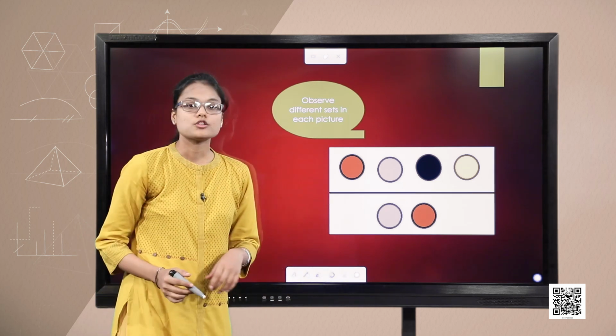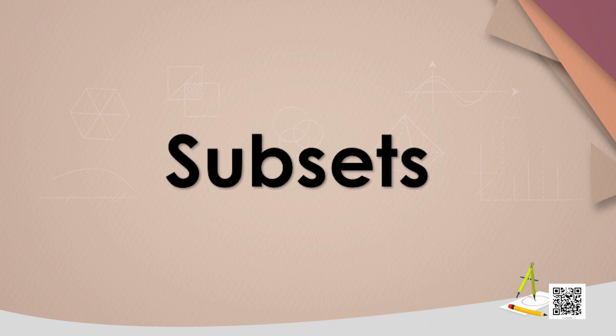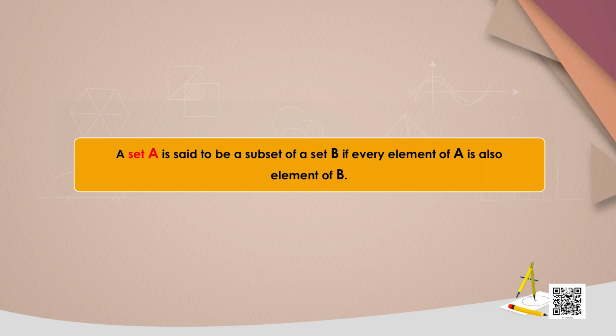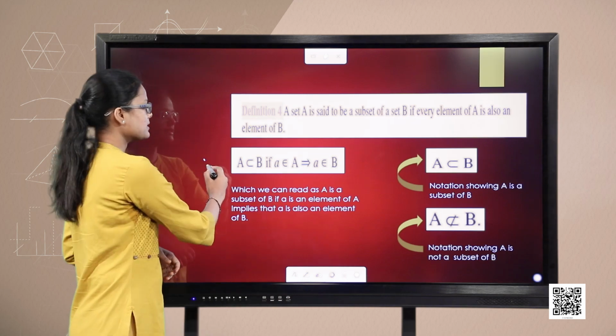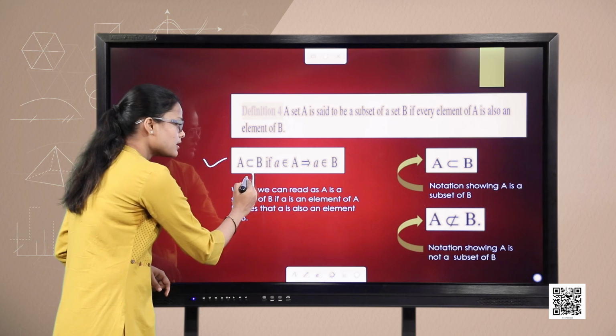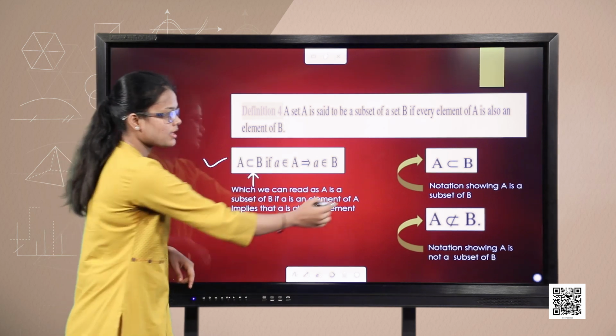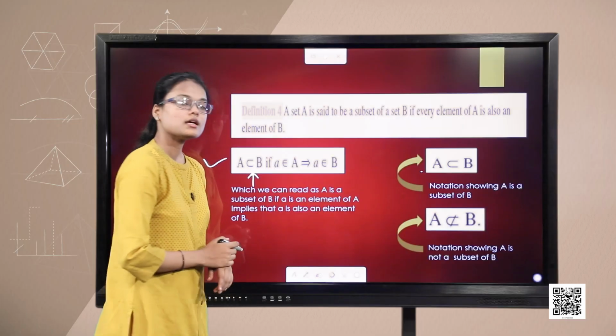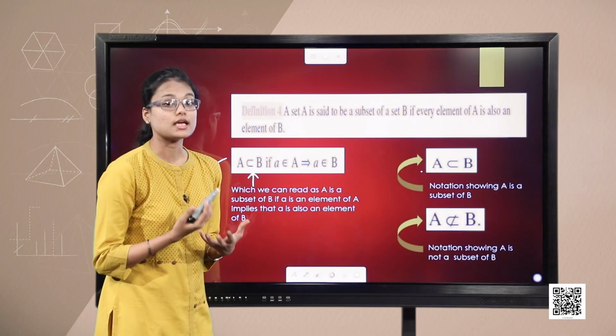Okay? So, what is the definition of a subset? The definition states, a set A is said to be a subset of B if every element of A is also an element of B. Mathematically, we write like this: A is a subset of B. Notice this symbol. This is the notation which states that A is a subset of B. Sometimes it is also said to be contained.